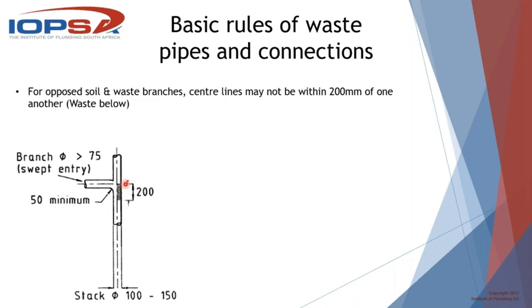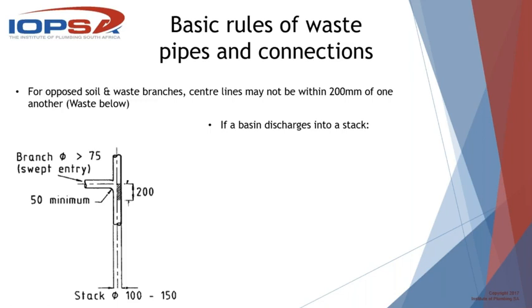So if you see a waste pipe and a soil pipe directly opposite one another with some sort of a double junction arrangement, which I've never seen, but if you do see that, it's not allowed. You can either put the waste junction just above that area, or it must be lower than 200 mil from that center line downwards.